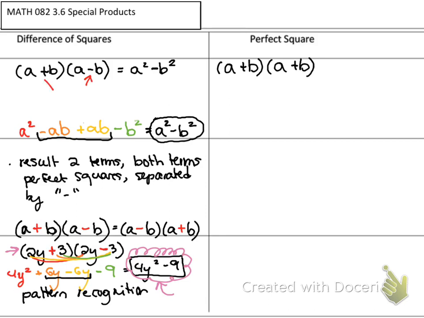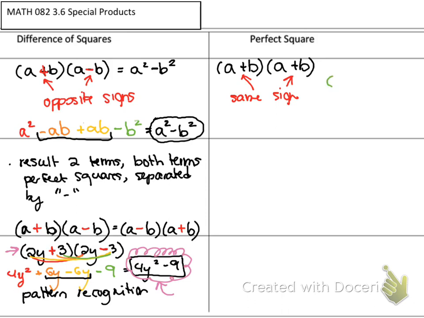Okay, so the difference, as you probably spotted, is that difference of squares are going to have opposite signs here. Okay, and then perfect squares are going to have the same sign. Now you might ask yourself, well, is it always going to be plus and plus?